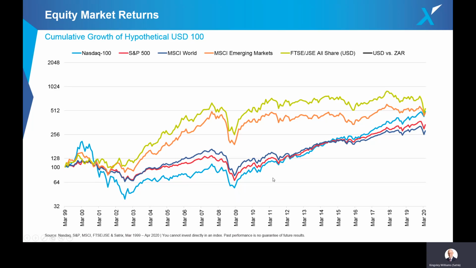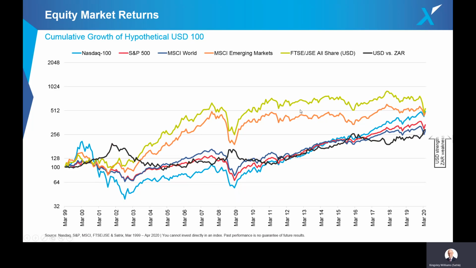Perhaps what's most surprising, however, is how South Africa, in dollar terms, so there's no currency effect here, has outperformed all of these indices. Again, largely due to phenomenal performance pre the global financial crisis. And this is despite our depreciating currency and the largely sideways moves in local equity markets, which we've experienced of late. You can see this green line not really going anywhere.